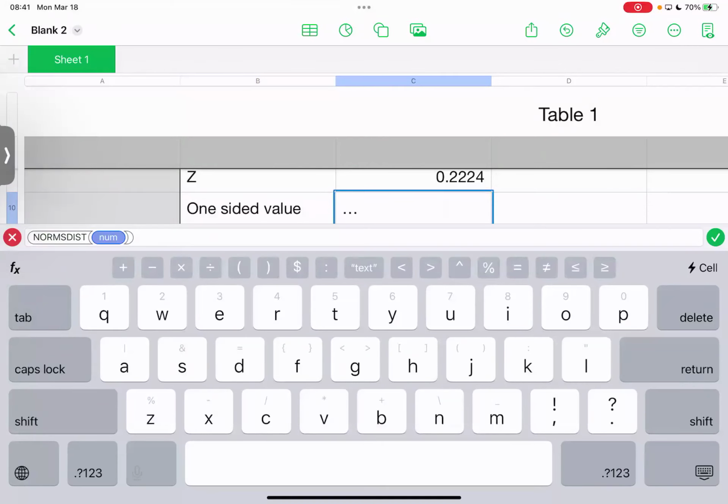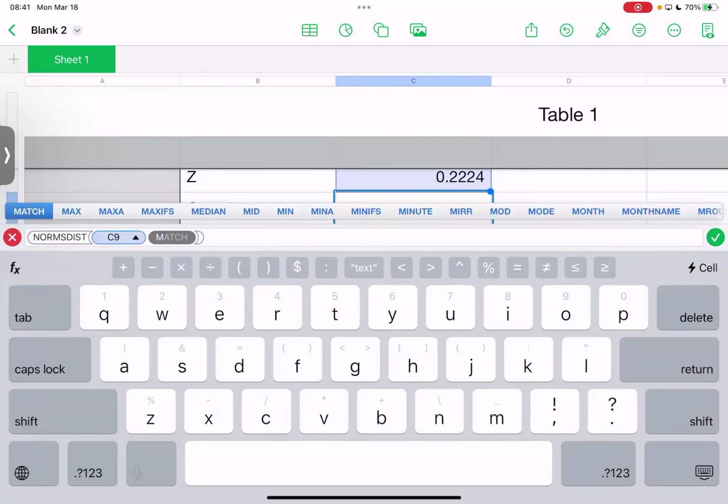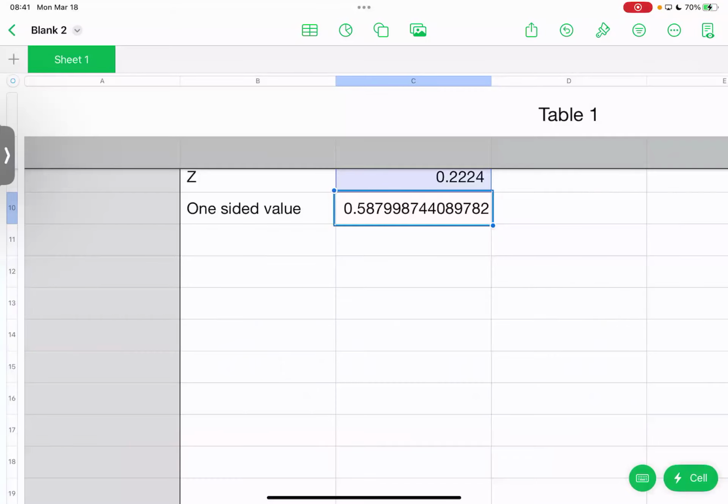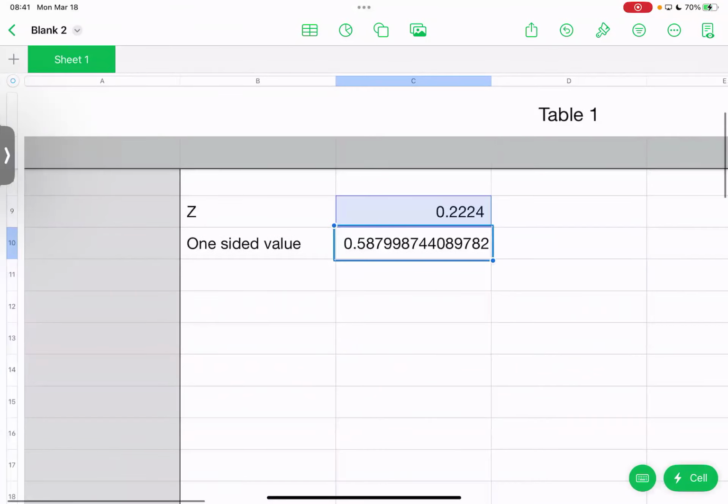It's not exactly the same commands, but they have successfully emulated Excel, so close enough. And I want of this Z, I wonder if I have to tell it that it's true. Maybe not. This is the area to the left, right?